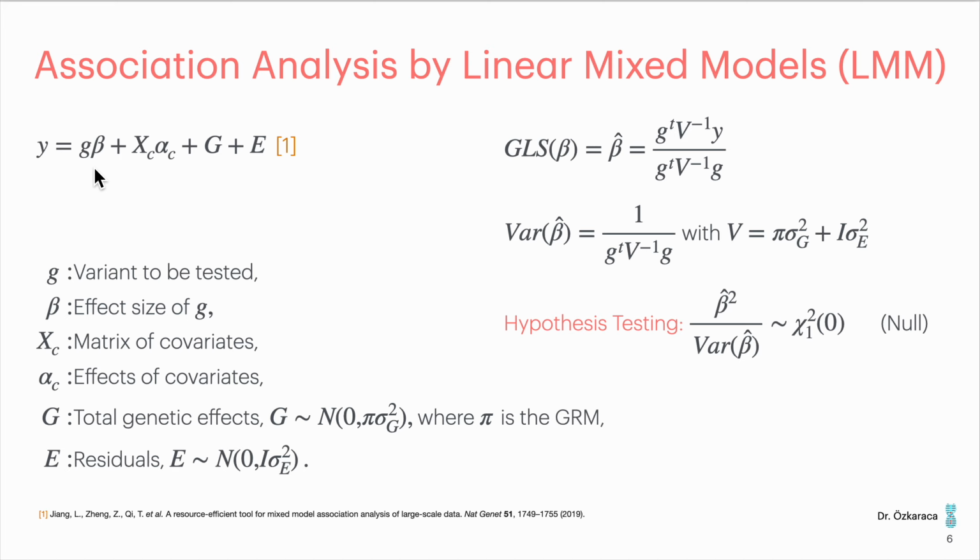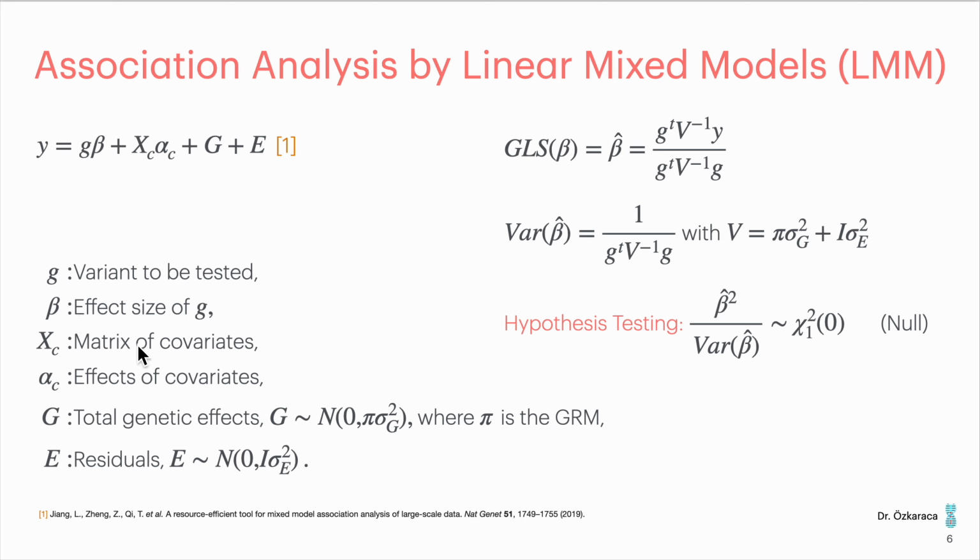Basically, it suggests that we have a phenotype and you have something called fixed effects and random effects. And that's why it's called a mixed model. So we have G times beta. G is the variant to be tested and beta is its effect size. So this is the thing that we are going to estimate.